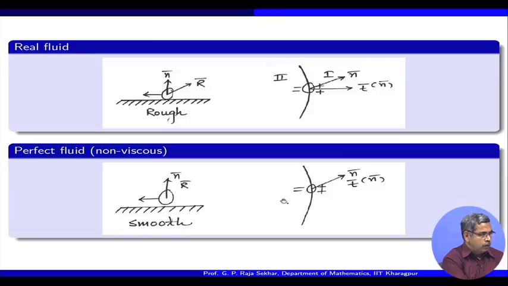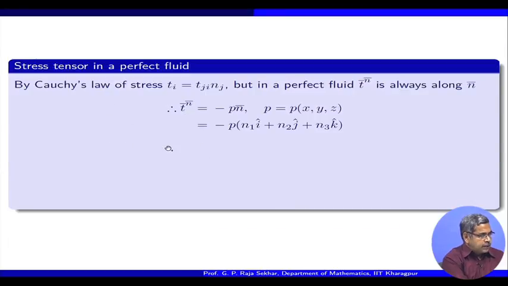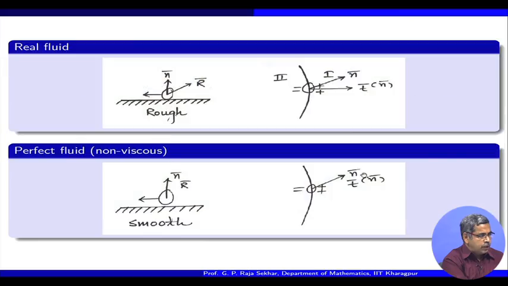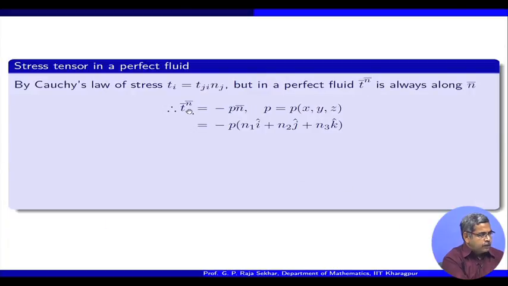Now let us discuss more about the stress tensor. This is our Cauchy law, but in a perfect fluid the stress vector is always along the direction of the normal. Just now we have seen the perfect fluid: when the surface is smooth in a perfect fluid, that is what happens. Since the stress vector is always along the direction of the normal, you take the proportionality as minus p, where p is a function of x, y, z considering 3 dimensions.